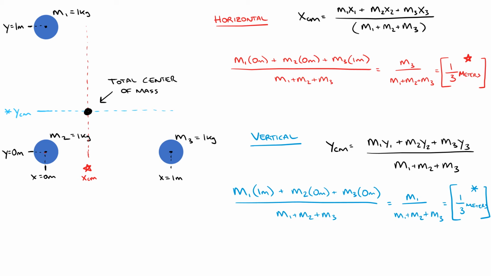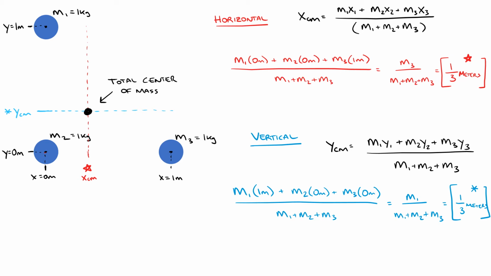So this time we have mass 2 and mass 3 that are at a height of 0 right here.